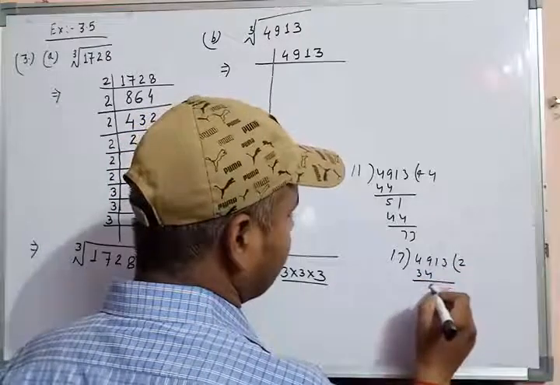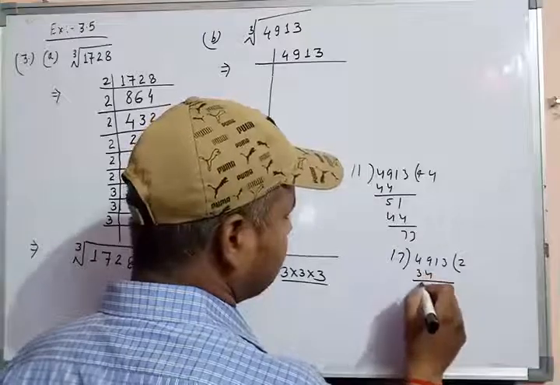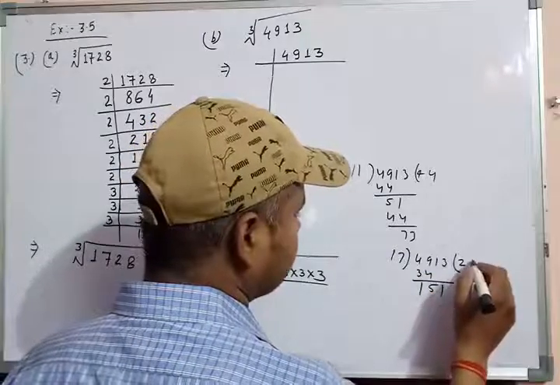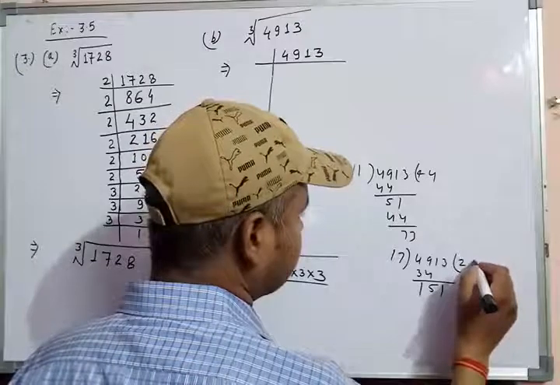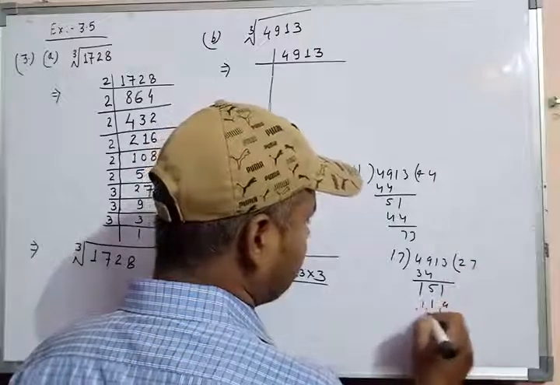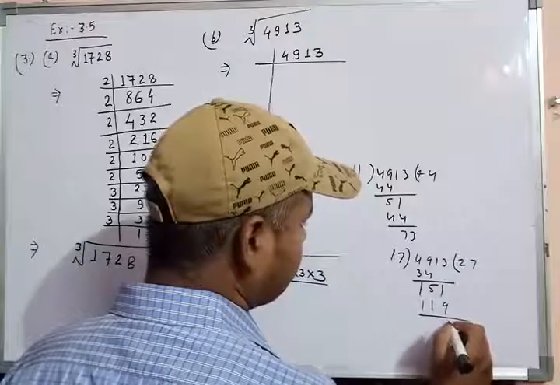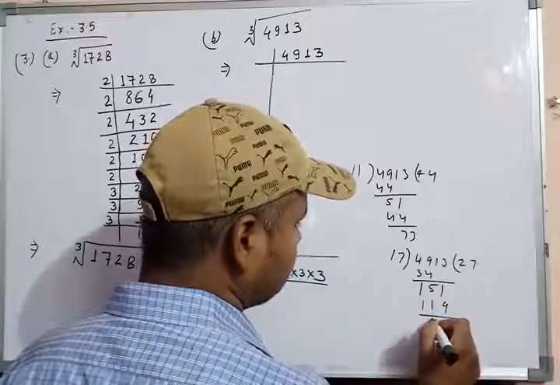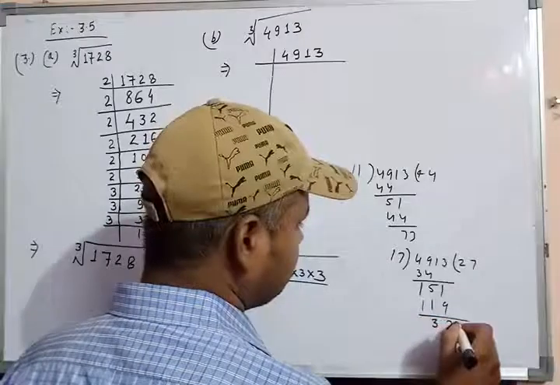9 4 5 9 4 5 1. 9 11 minus 9 is 2, 4 minus 1 is 3.